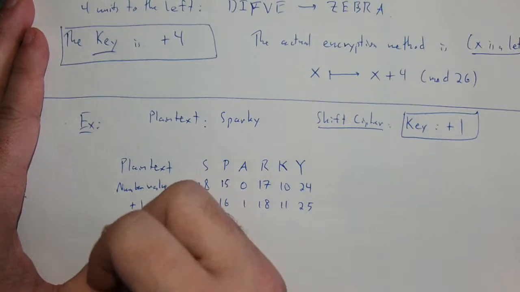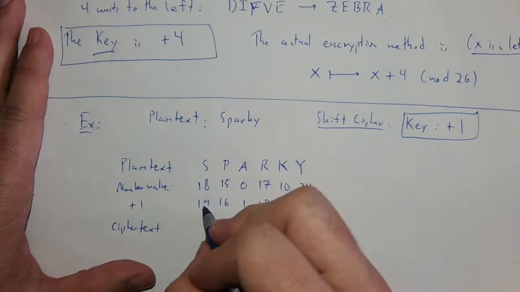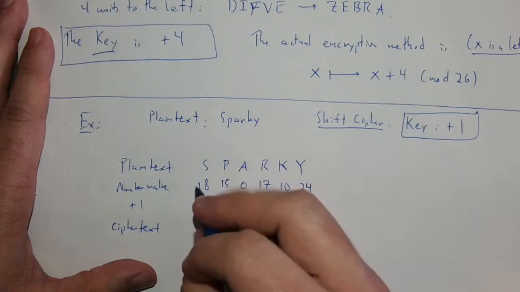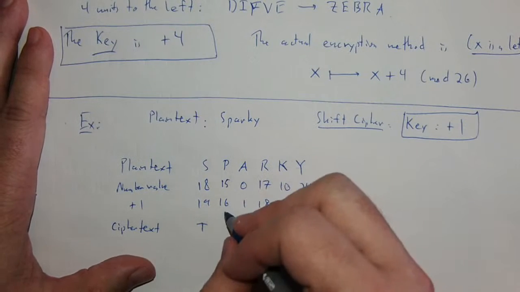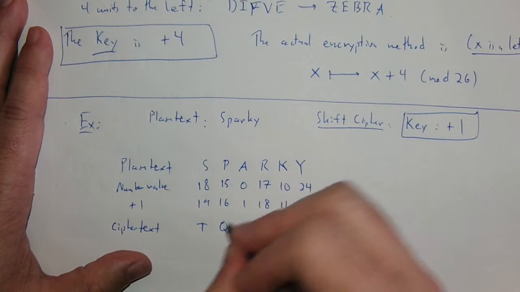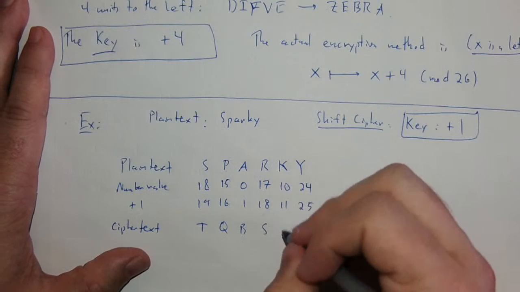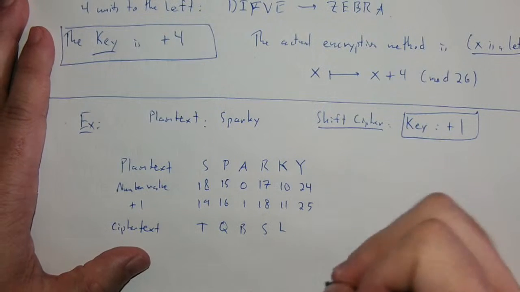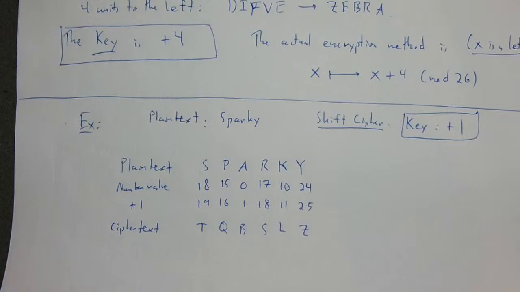So then what's the cipher text? Well, letter 19, that's T. So P becomes Q, A becomes B, R is going to become S, K becomes L, and Y becomes Z. Of course this is a particularly easy shift, but I'm just writing it out to show you exactly how this works.